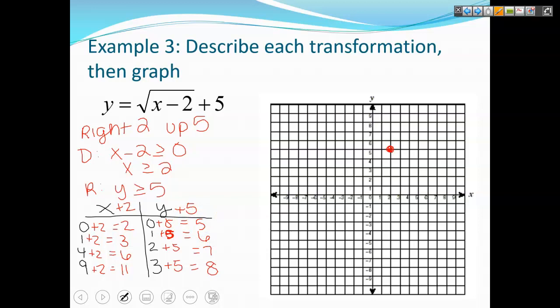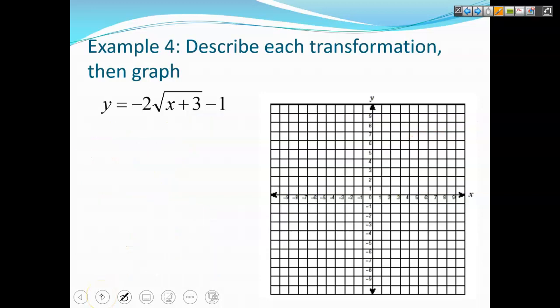And then you plug your points, again taking into account that it's a parabola on its side. So now my graph is affected a little bit more.